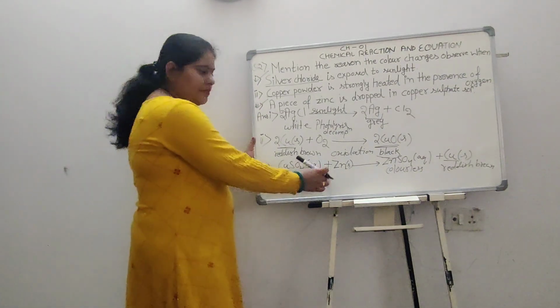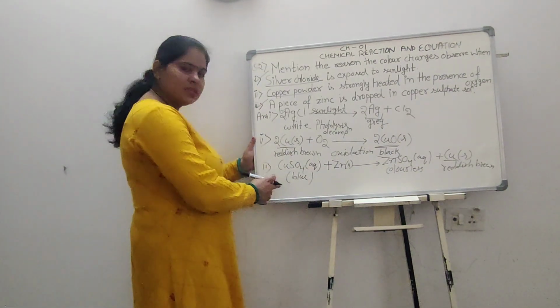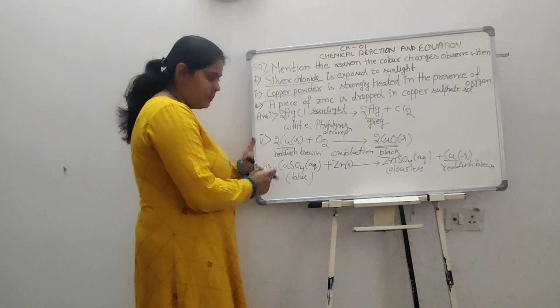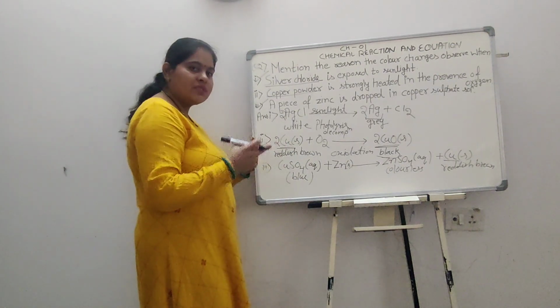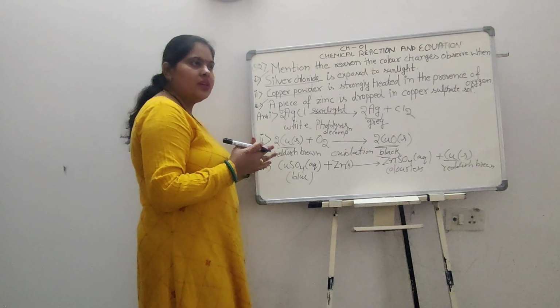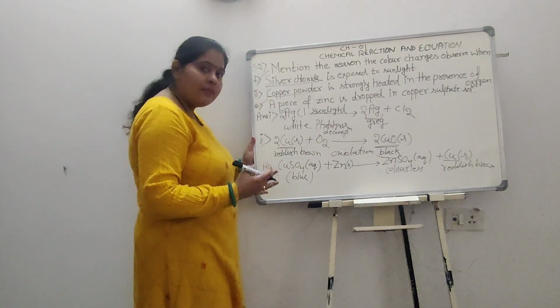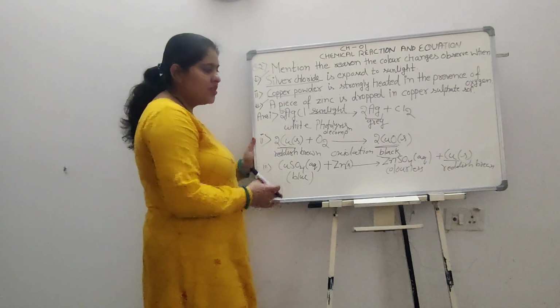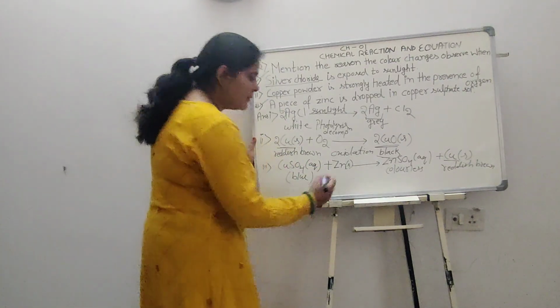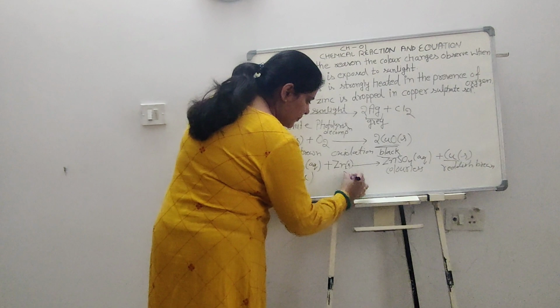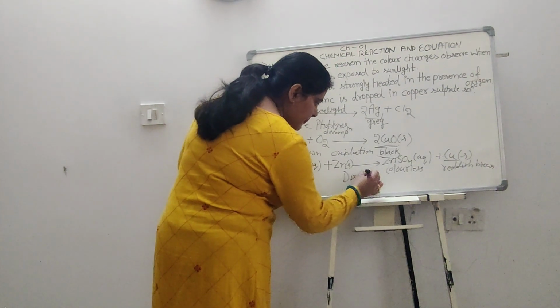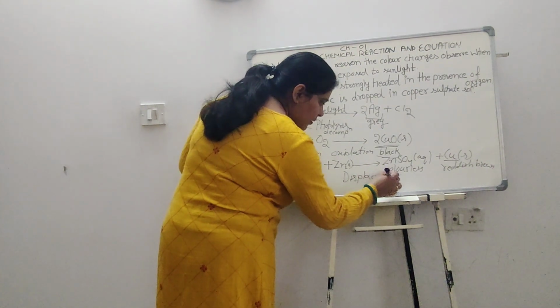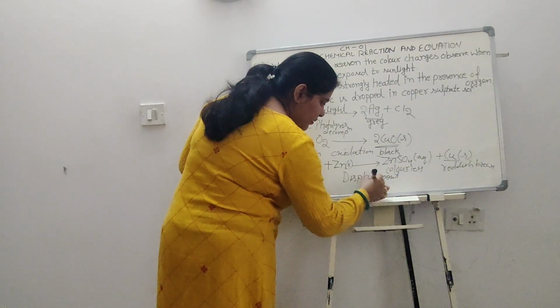Which type of reaction is this? This is a displacement reaction. What are displacement reactions? The reactions in which a more reactive element replaces a less reactive element from its salt solution are known as displacement reactions.